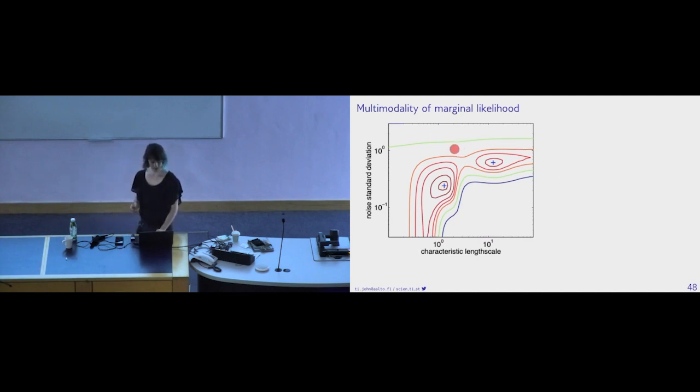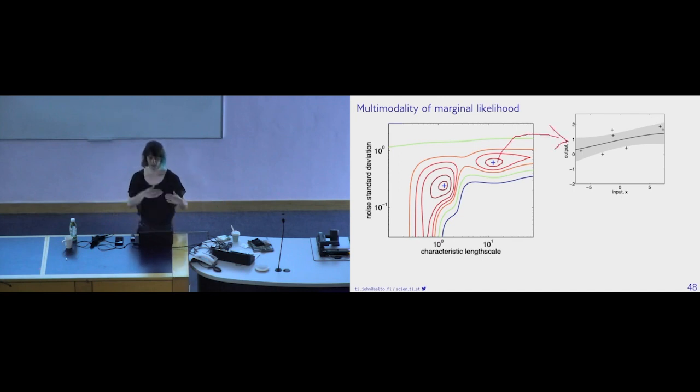But basically, they plotted the marginal likelihood as a function of the length scale of the kernel and the noise standard deviation of the observation model. And you can see that there are 2 local maxima here. Now, the first maximum is the one that has a large length scale and the highest standard deviation. That's this one.